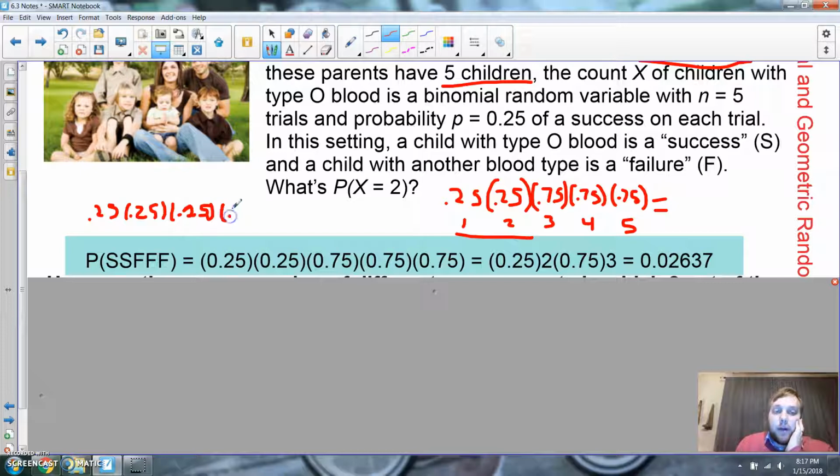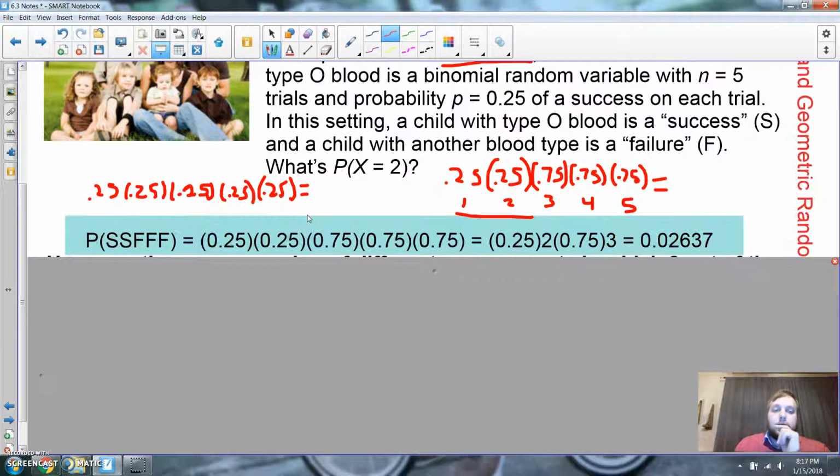Times 0.25, times 0.25. Okay? This would be the event that all of them had it. And if I multiplied those together, that would be the right answer, because how many ways can all of them have it? There's only one way all of them can have it. Right? Only one way.